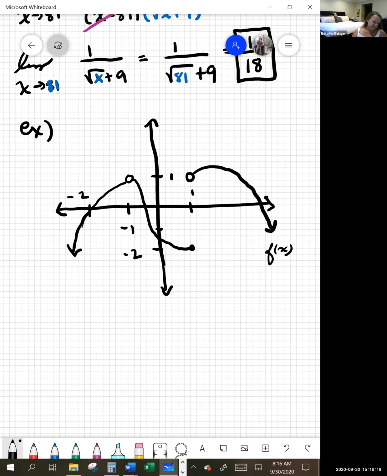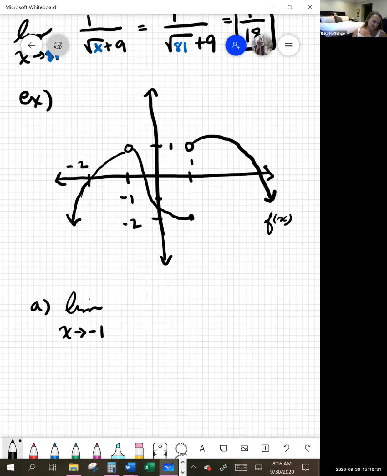And then it wants us to find part A, the limit as x approaches -1, and the limit as x approaches +1.